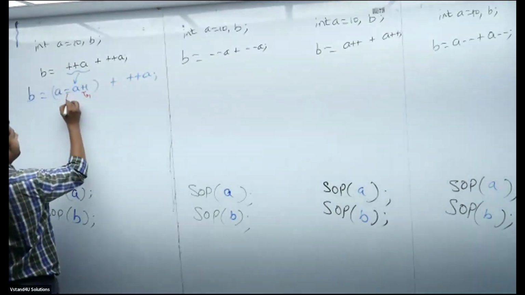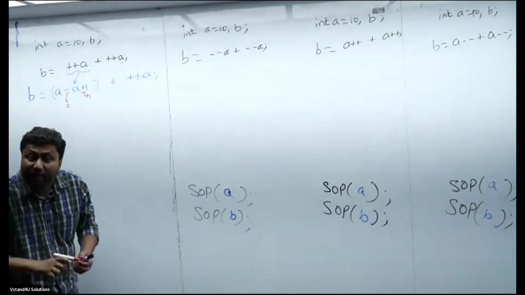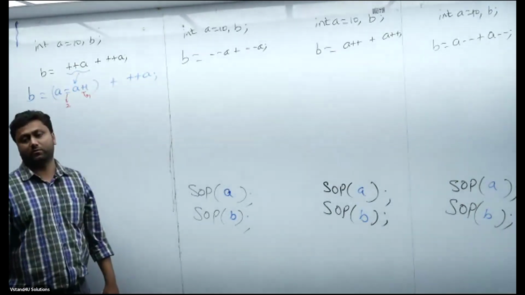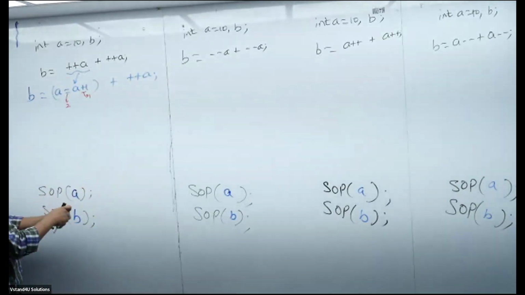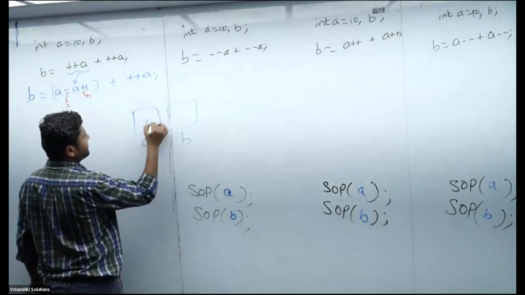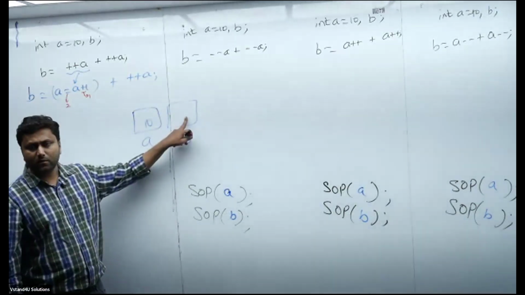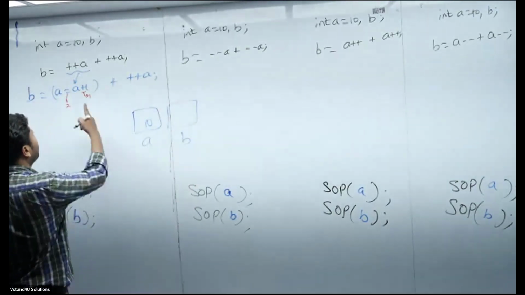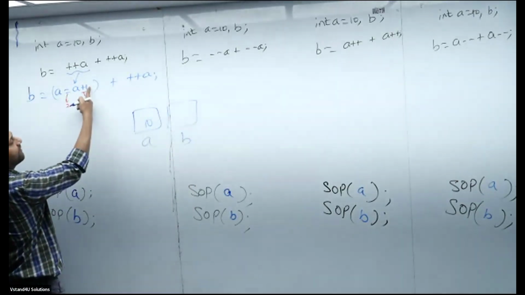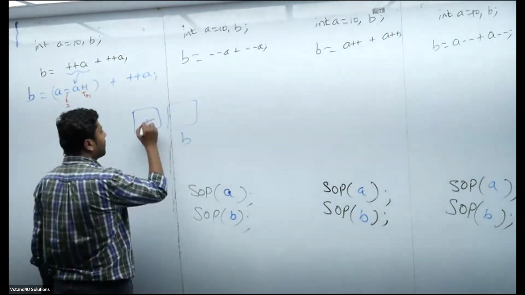How about this one, sir? Second operation. First you increment the value of a. What is the value of a right now? Are you getting my point? Let me take the two variables. A is assigned 10. B, nothing is there. Fine. When you are saying, sir, first you increment, the current value of A is incremented to 11.